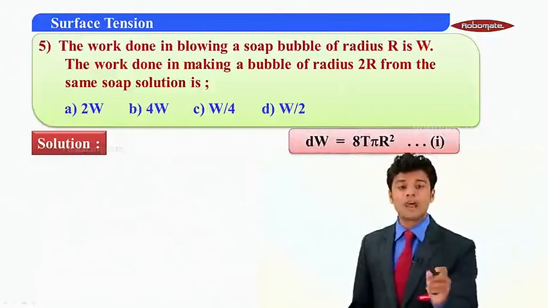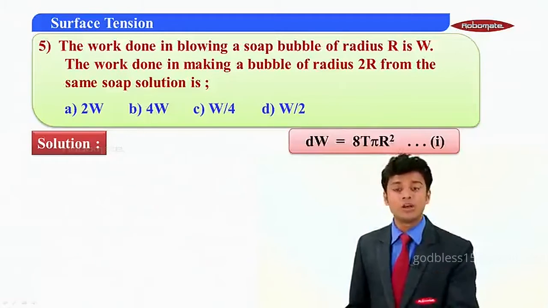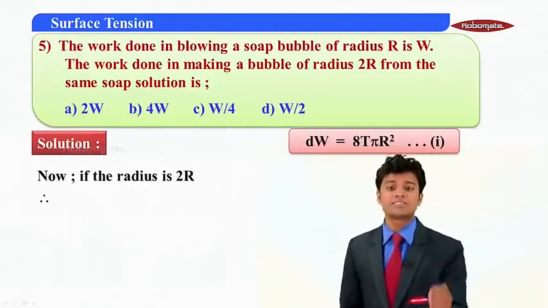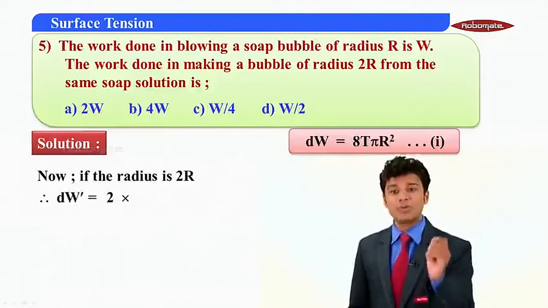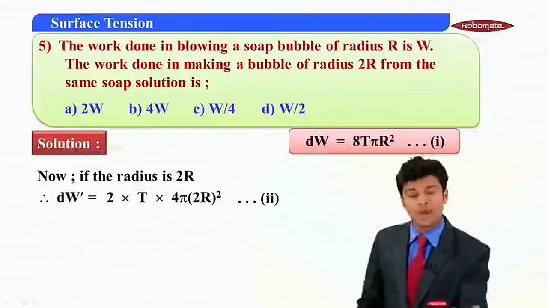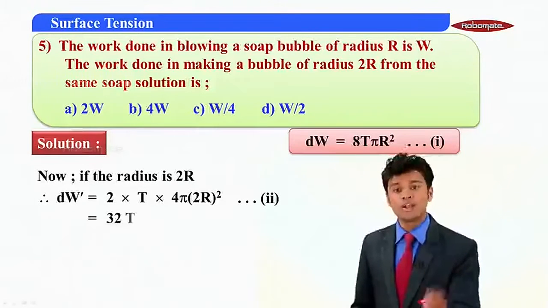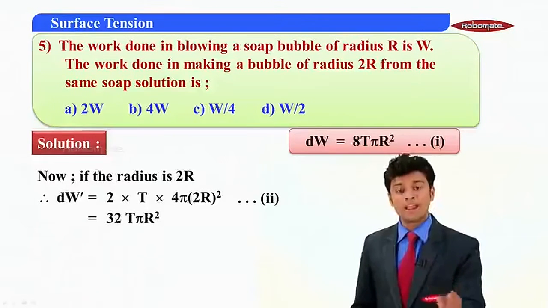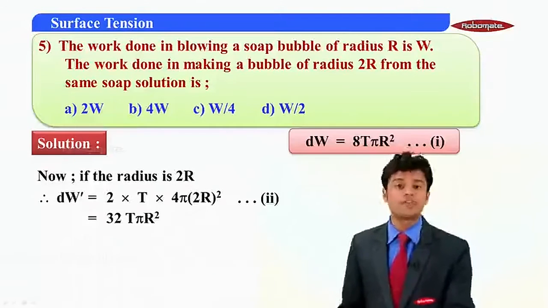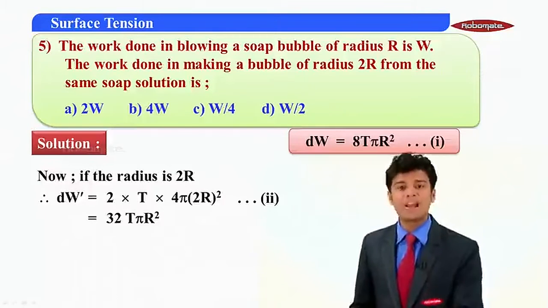Now this soap bubble has been converted into a soap bubble of radius 2R. So dW dash = 2 into T into 4 pi into (2R) square, which is 4R square. Solving further, you get 32 T pi capital R square.